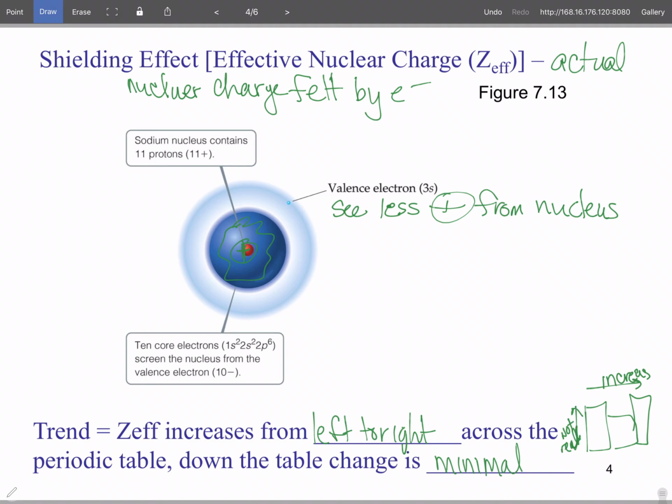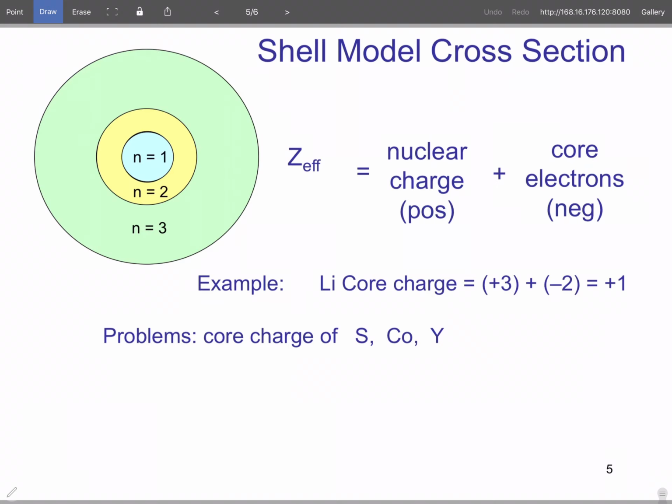Okay. So that brings us to what is the effective nuclear charge. And this is your one math problem. And it's actually kind of fun because it's real simple. So the effective nuclear charge is equal to the nuclear charge, which is positive, plus the core electrons, which are negative. So again, we're going to need your periodic table.